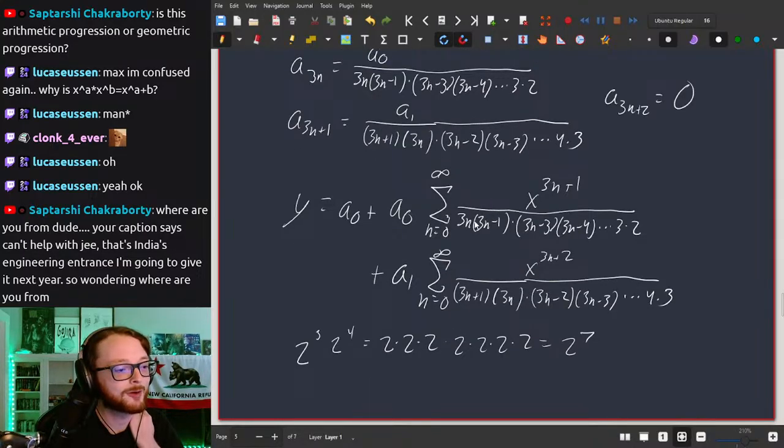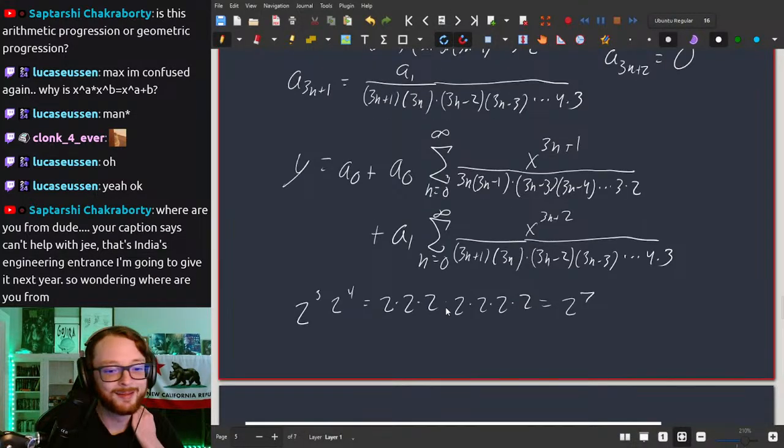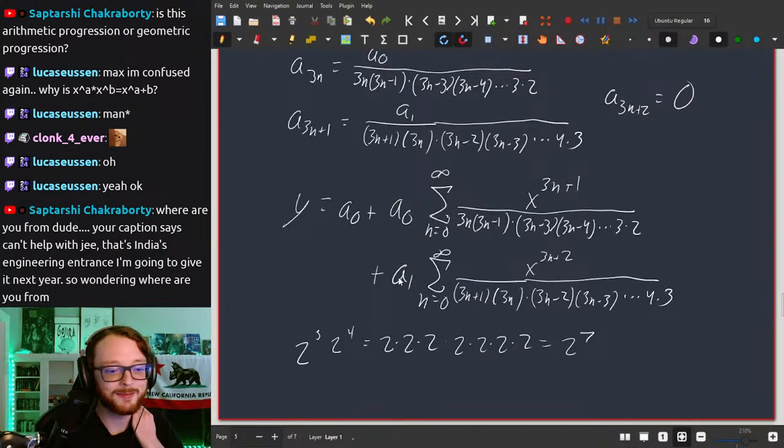Saptarshi, I'm from America. I've gotten quite a few people who ask about JEE questions, and I've tried them so many times, and I just kind of fail at the JEE Advanced, at least in particular. I just kind of gave up on them. They just use very weird tricks that aren't taught here, and I just don't have the background for it.